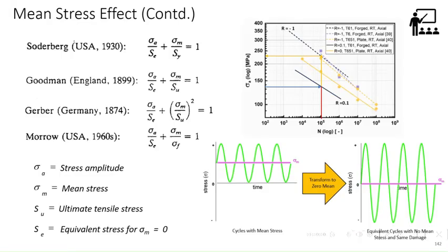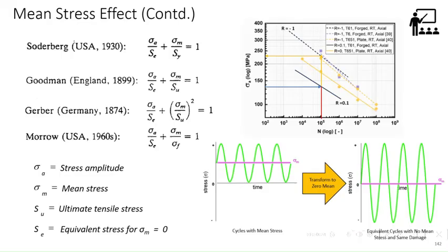No, in R equal to -1, S max and S_A amplitude are the same. Use that equation, R equal to -1. R is what? S min by S max. This is the physical concept of how to take care of the Goodman equation.